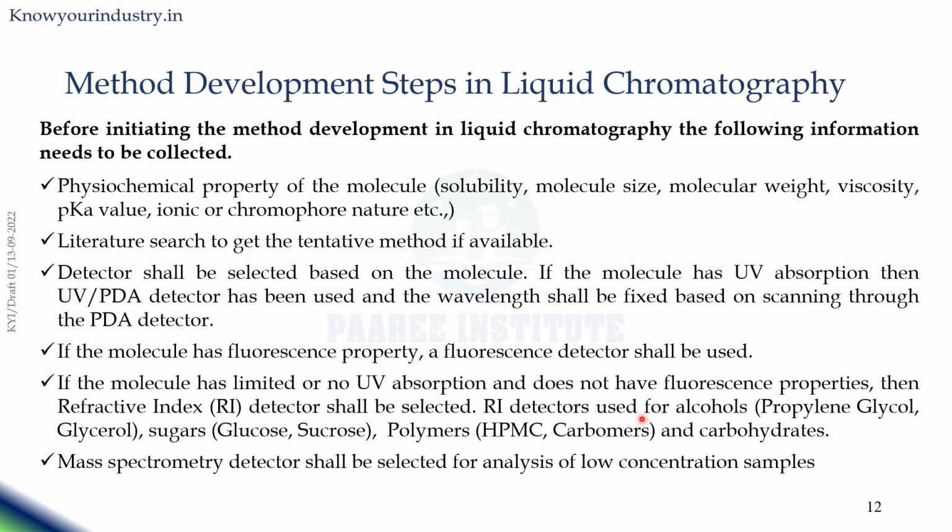These refractive index detectors can be used for molecules like propylene glycol, glycerol, sugars like glucose and sucrose, and polymers like HPMC, carbomers, etc. Finally, mass spectrometry detectors, MS detectors, can be used for detection as well as quantification when the sample concentration is very low and you need a very high sensitivity for the method, like picograms and femtograms.